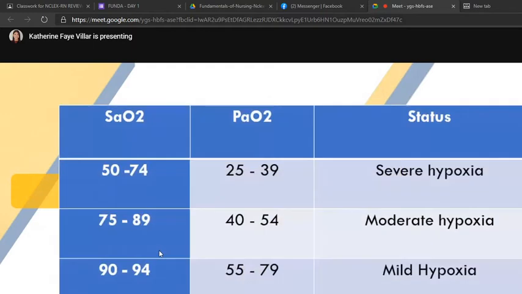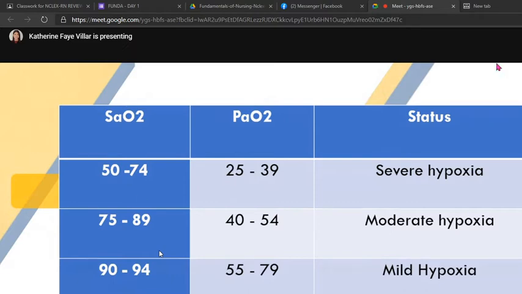Okay, so for the partial pressure of oxygen, these are the different standards and yung rates. So masasabi natin na good oxygenation yan if the partial pressure of oxygen ranges from 80 to 100. And yung oxygen saturation naman ay 95 to 100.